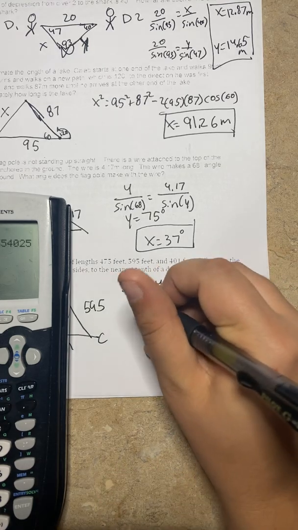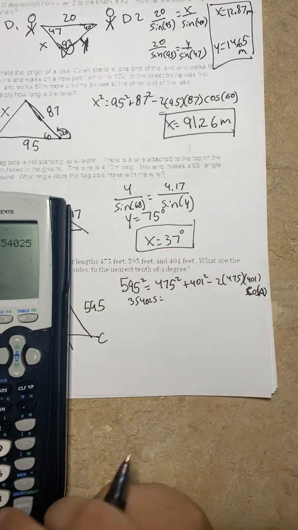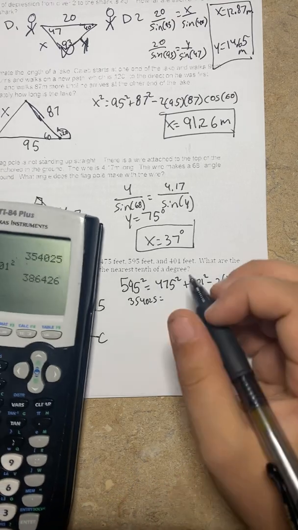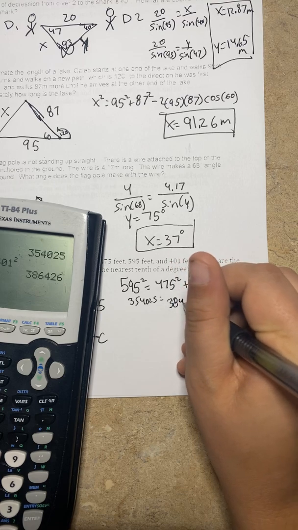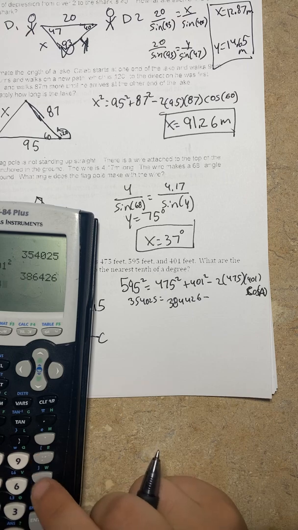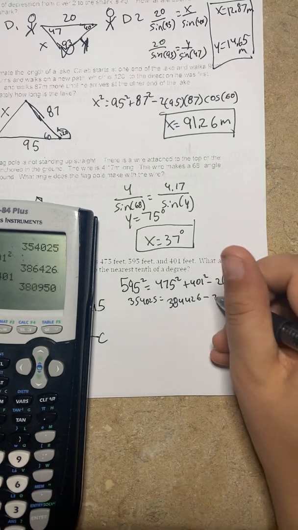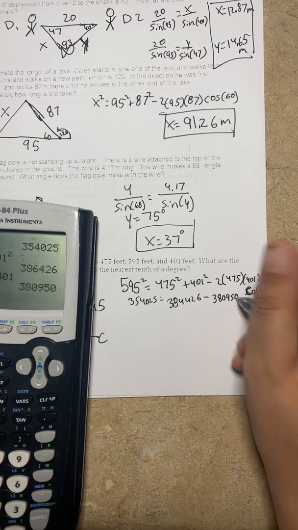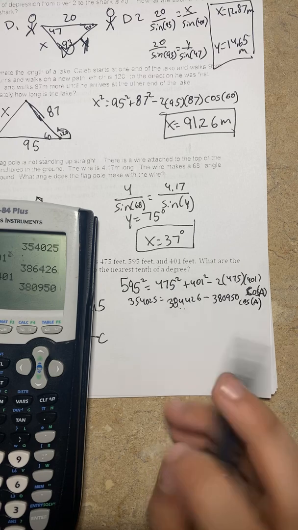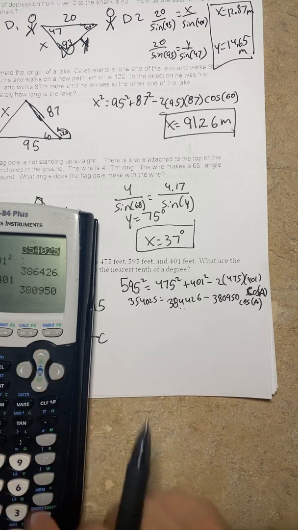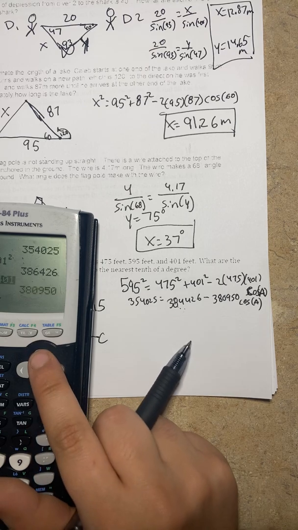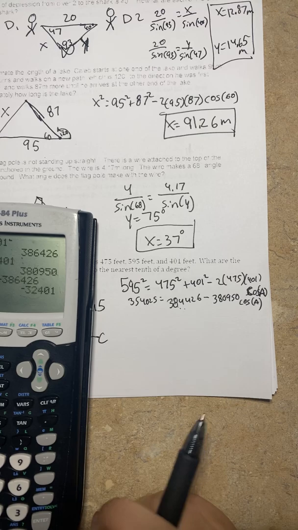And so that's 354,025 equals 475 squared plus 401 squared, that's 386,426, minus 2 times 475 times 401, which gives me 380,950 cosine of A. So the first thing you would do is subtract this 386,426 from 354,025.